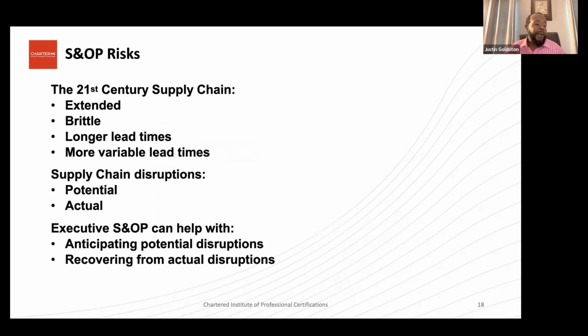We talked about all the benefits of S&OP, but there are some risks. We have seen that with the pandemic and the supply chain disruptions we experienced. Within the current state of the supply chain, we can see that supply chains are extended.